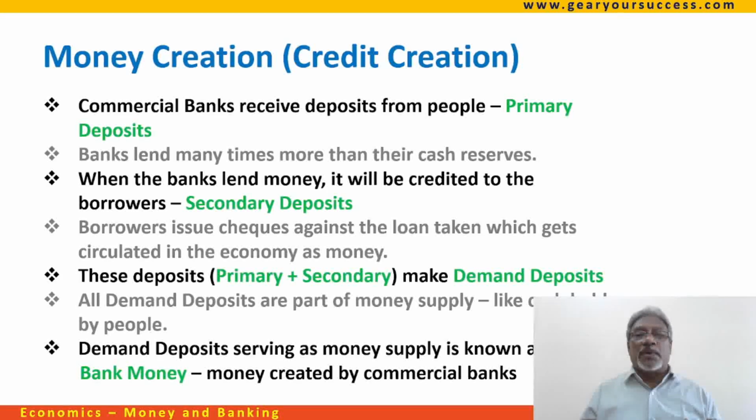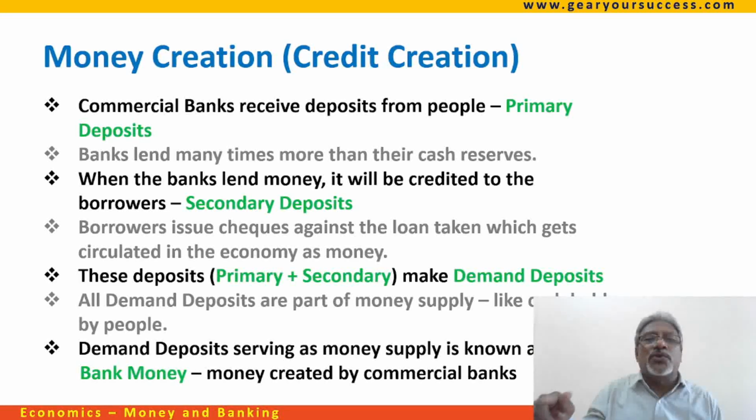Now, using this money, I can lend many times more than what I have. So that is the logical flow. When I lend money, the primary deposit is only 1 lakh. You have deposited it, and I am taking it and giving it to somebody else, right? It is referred to as a secondary deposit. I will not hand over cash, I will transfer it to the person who is taking the loan. It will be there in their account.